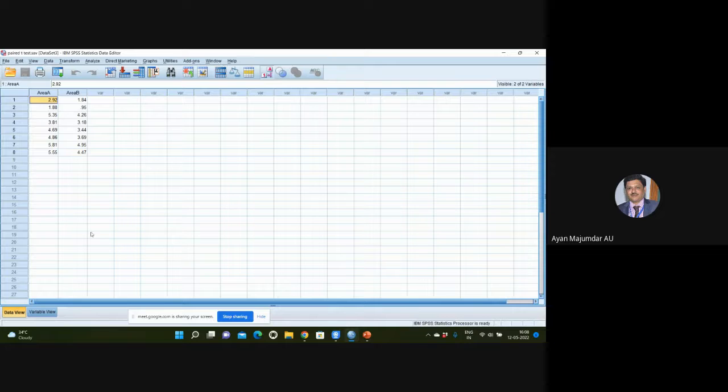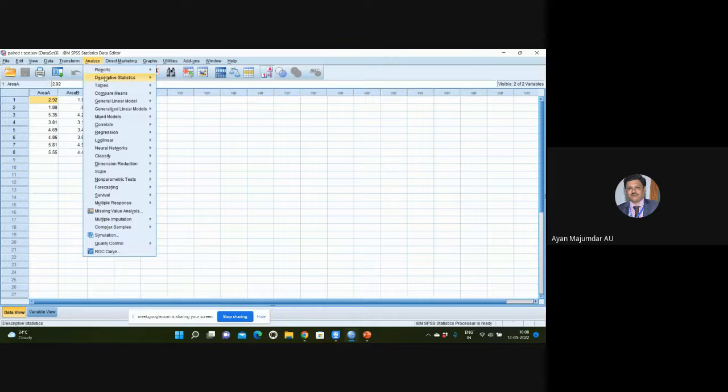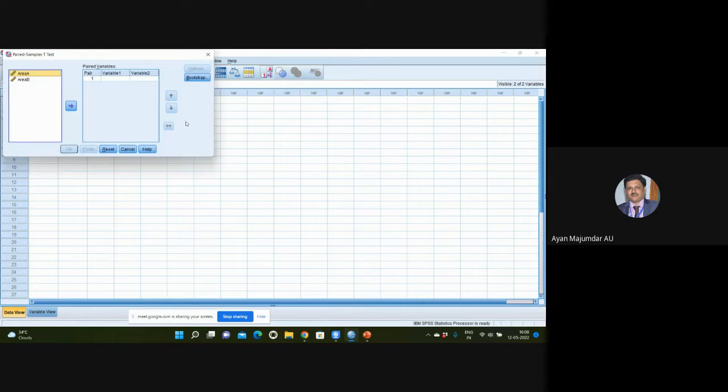Let's go to analysis. Compare means. Now this is a paired sample, so we will be applying the paired t-test here. Choose this option, paired samples t-test.